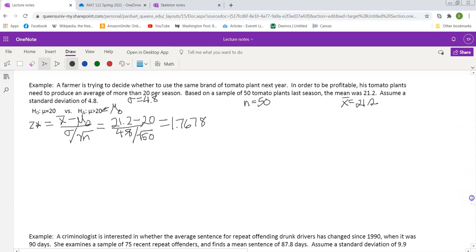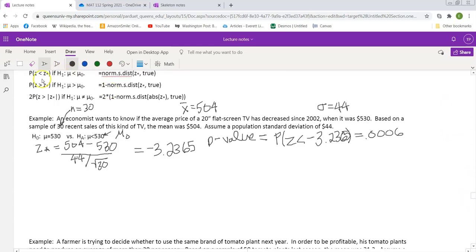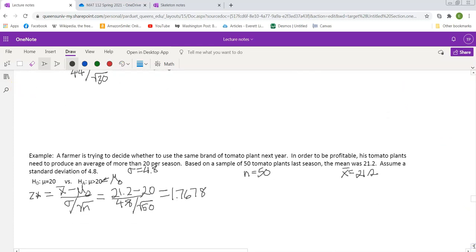And now to find our p-value, we have to go back and look at which p-value formula we're looking at. This one is greater than. So we need to look for the probability that z is greater than the test statistic. So our p-value is going to be the probability that z is greater than this test statistic.